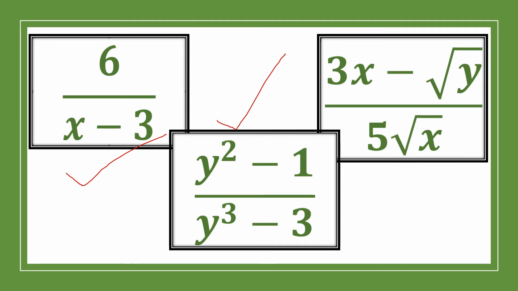So, hindi na siya polynomial. Next, denominator, 5 square root of x. So, meron ulit variable inside a radical. So, hindi siya polynomial. Therefore, this expression is not a rational algebraic expression.